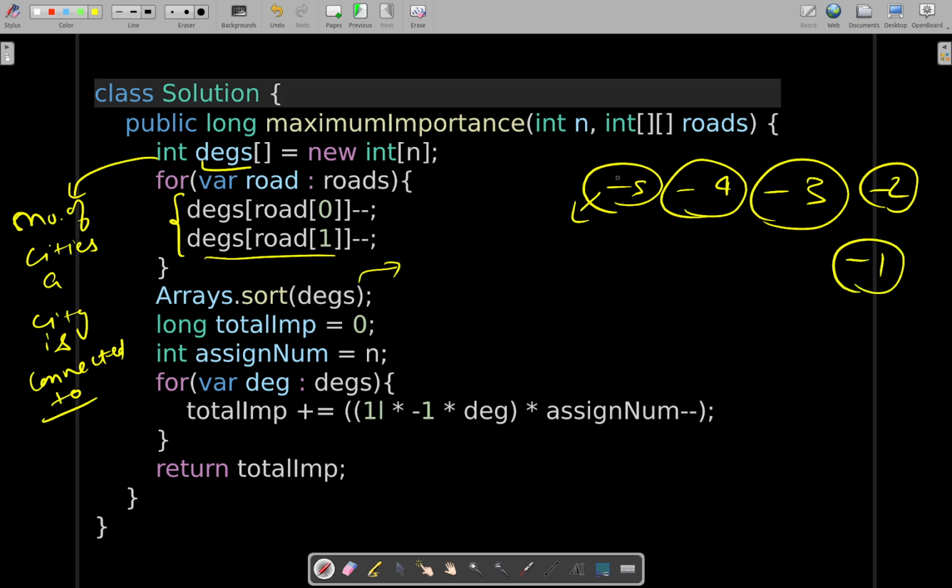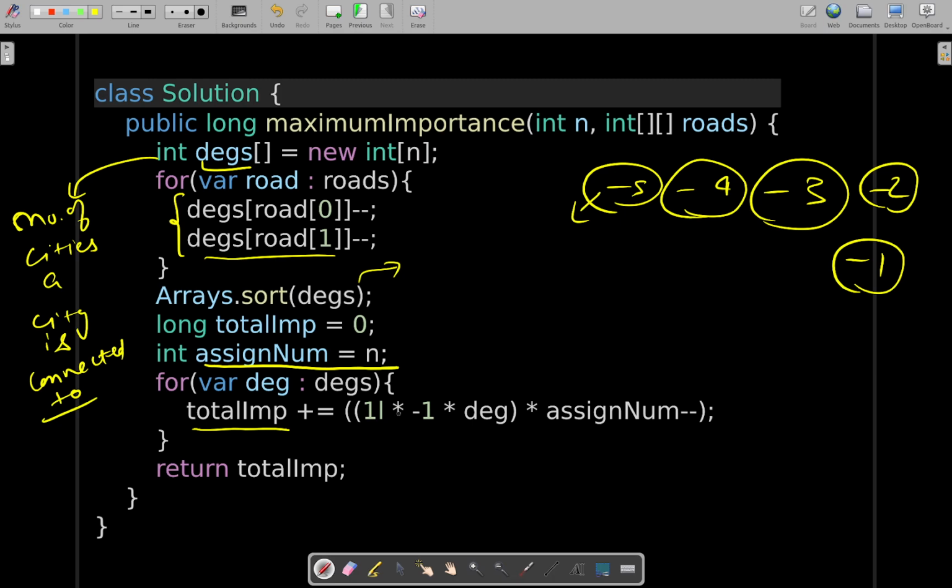Okay. And once we have the number of cities each city is connected to, then our work is very easy. We will start assigning numbers from n, and we will go up till 1. Okay. And we will then be adding it to the total importance.